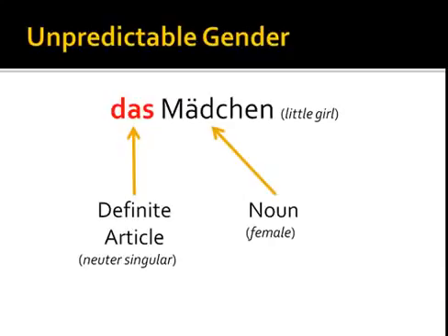This is very, very important for later uses of the language, especially adjective endings. So, sometimes it makes sense. There'll be a connection between the reality and the language system. Sometimes there won't be. German won't always help us out.